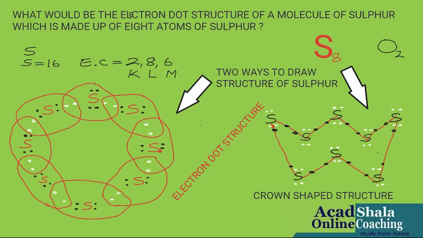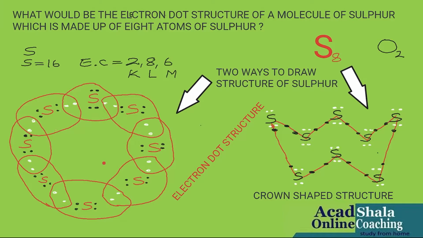So all the sulfur atoms had 4 electrons in the middle and 1 electron shared with each adjoining sulfur atom. In this way, the whole circle went around and then it was concluded.